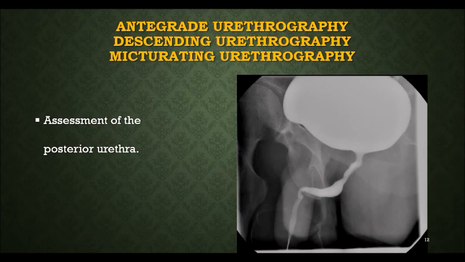You remove the Foley catheter dilated in the fossa navicularis, and you request the patient to micturate under fluoroscopic examination. Here we have the urinary bladder. You can see the patient is micturating, and you can see that the posterior urethra, prostatic and membranous, are very well visualized.